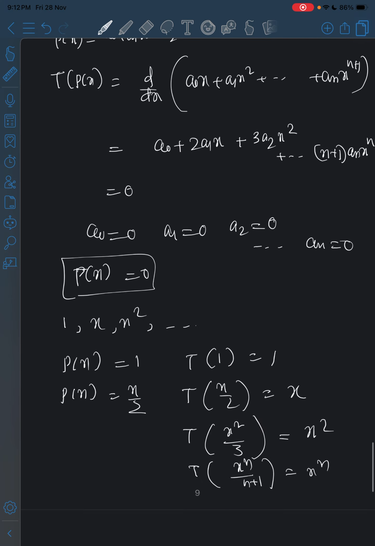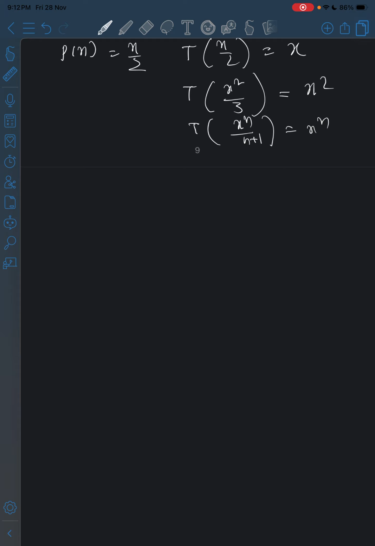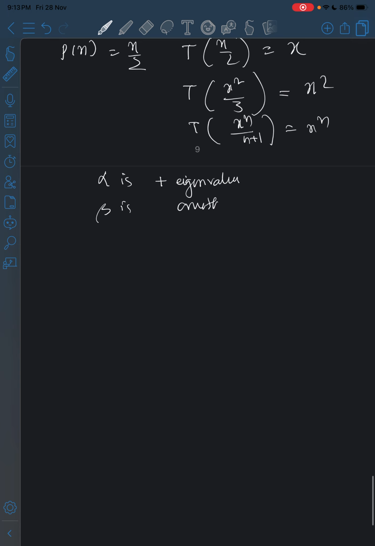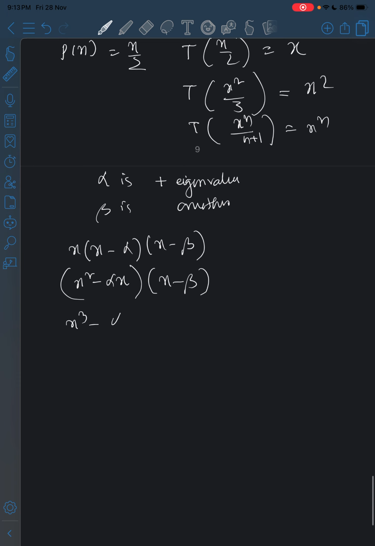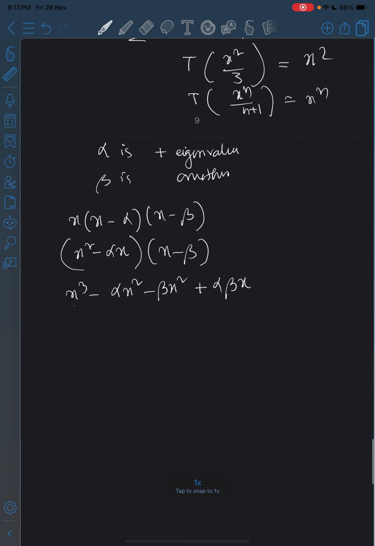Suppose alpha is the positive eigenvalue, 0 is one eigenvalue and beta is another eigenvalue. Then x times (x minus alpha) times (x minus beta) is the characteristic polynomial. So (x square minus alpha x) times (x minus beta) gives x cube minus alpha x square minus beta x square plus alpha beta x.